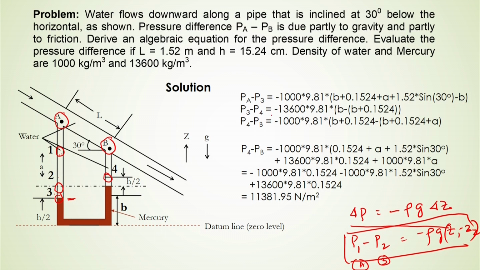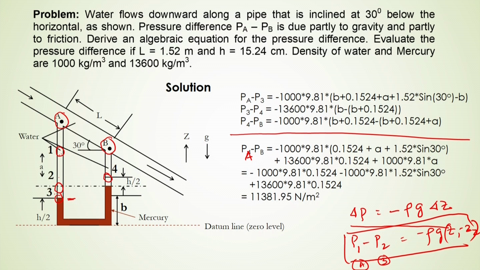Similarly, P3 minus P4, and P4 minus PB. If we add these, we can have P A minus P B. So P A minus P B will be equal to what?